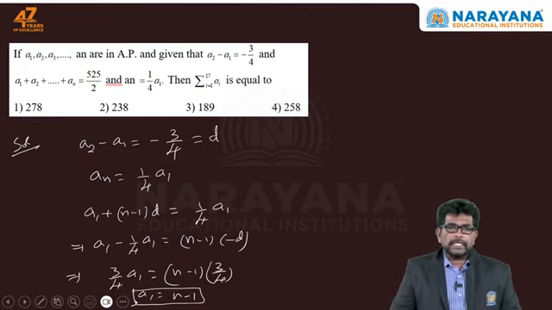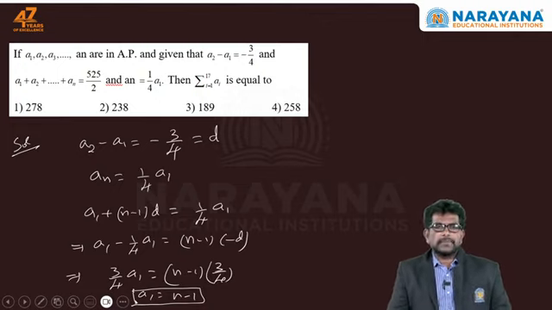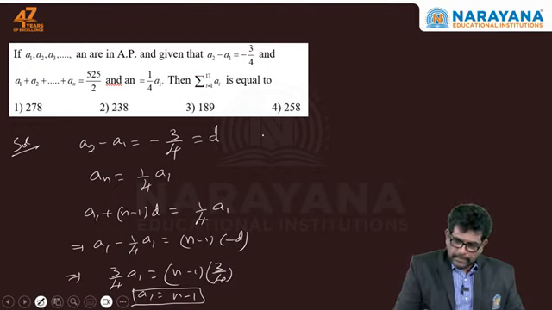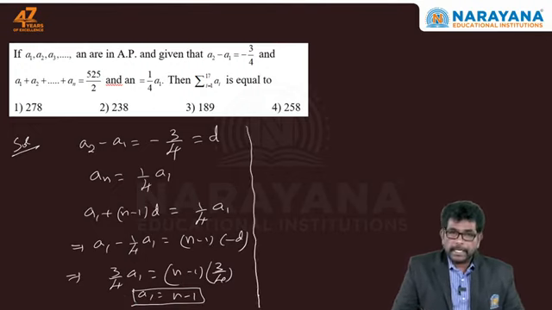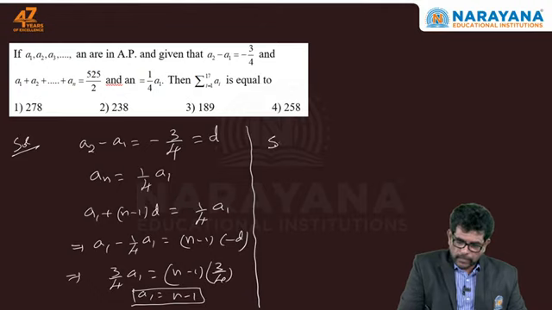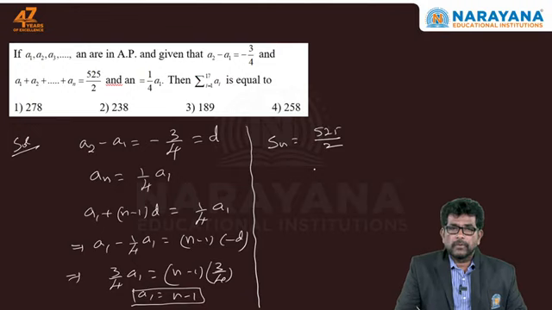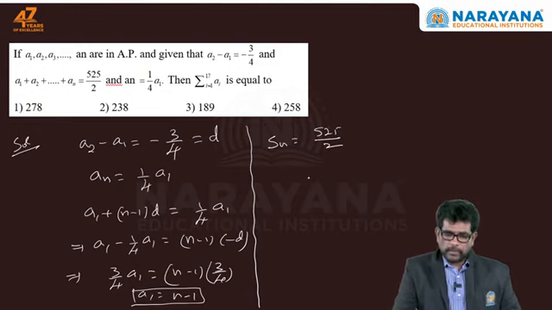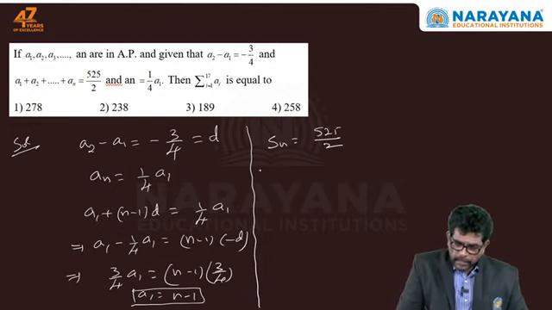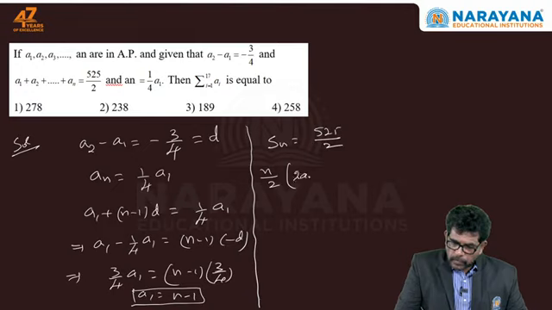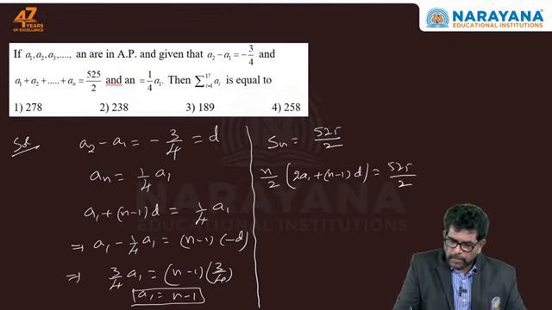Now, one more relation is given. The sum of the first n terms is given. That is, Sn is equal to 525 upon 2. Sn formula, we know that the sum of the n terms of AP is given by the formula n by 2 into 2A1 plus n minus 1 into D is equal to 525 upon 2.